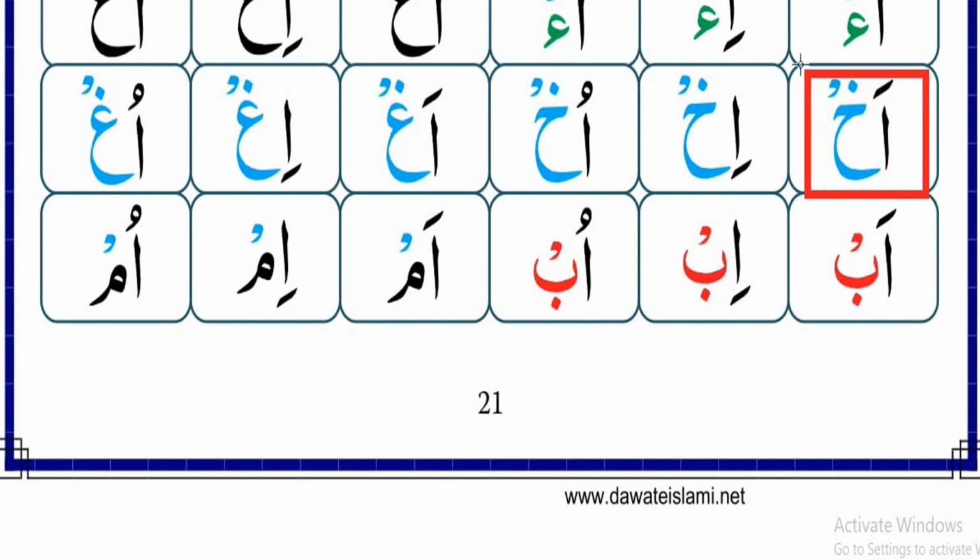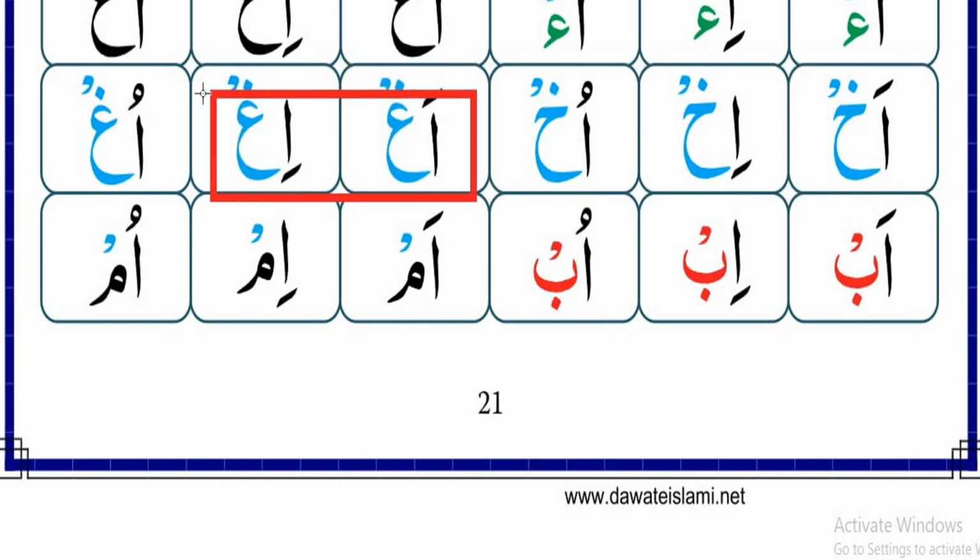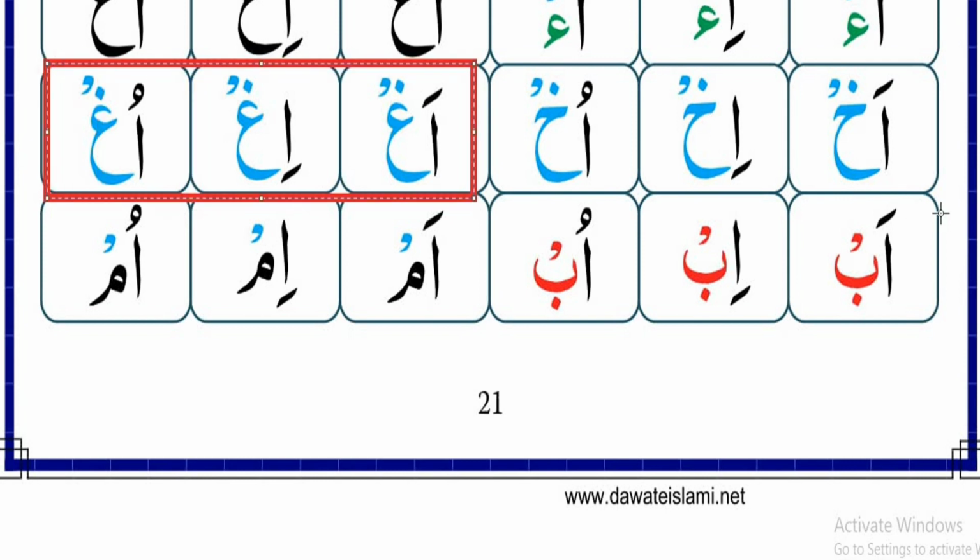Now this one is Hamza Kha Fatha, akh. Hamza Kha Kasra, ikh. Hamza Kha Dhamma, ukh. Hamza Ghain Fatha, agh. Hamza Ghain Kasra, igh. Hamza Ghain Dhamma, ugh.